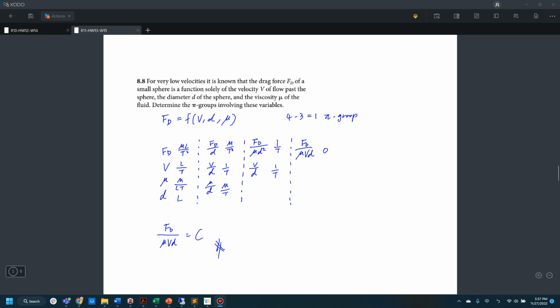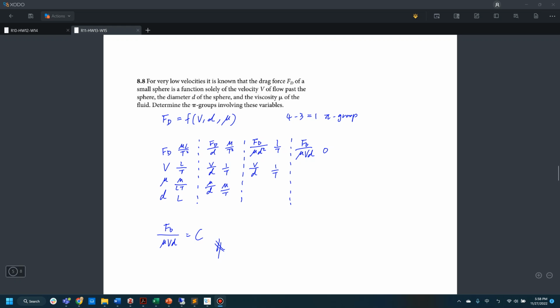Fd has the expression ML divided by T squared, and we write the corresponding terms for velocity, mu, and d as well. We have 4 different variables, but only 3 distinct units. So 4 minus 3 is equal to 1, which means we will end up with only 1 pi group.